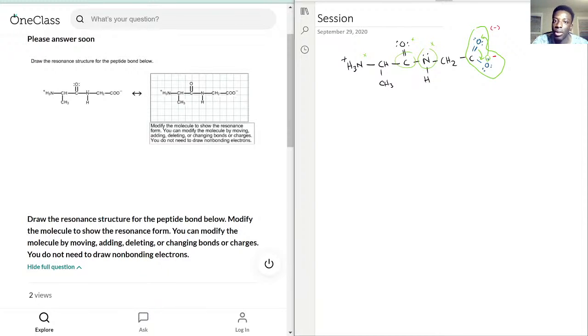So realistically speaking, we have drawn the first structure, but let me just draw out both of them, and that way we have our answer. And then I'll draw an extra picture just to show how the electrons are moving in that place.